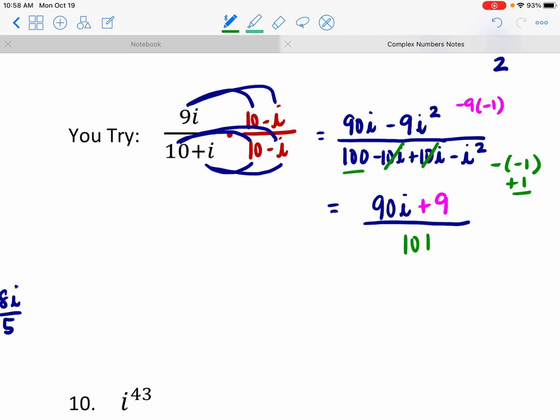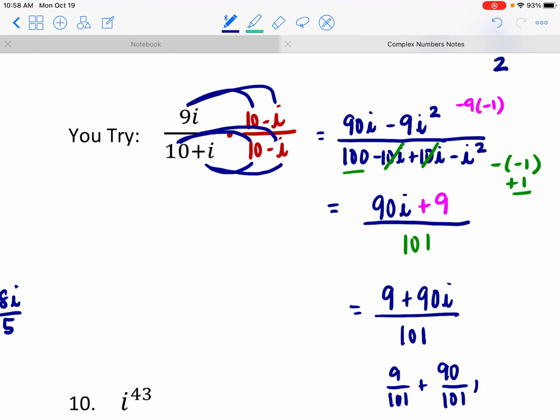And 101 is a prime number, so the three terms have nothing in common other than 1, so we can leave this. We just want to make sure our numerator's in standard form, so we're going to go 9 plus 90i all divided by 101. Or again, if you had 9 over 101 separated from 90 over 101 i, something like that would totally be fine too. Okay, so there it is.